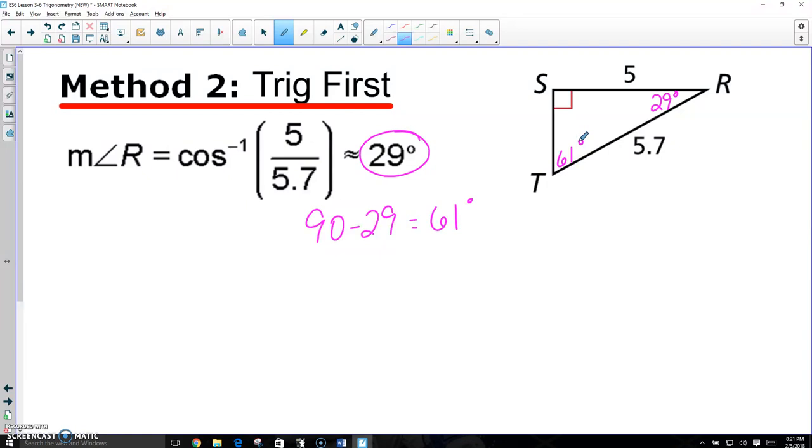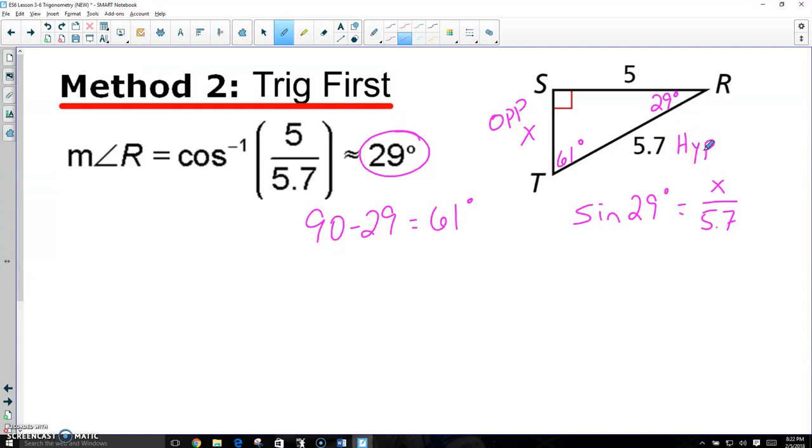I found the angles first, and now I still need to find ST. I can do that a couple ways. I could do it with Pythagorean theorem, or I could do it with trig. So I could say the sine of 29 degrees is equal to x over 5.7, because that's my opposite over my hypotenuse.